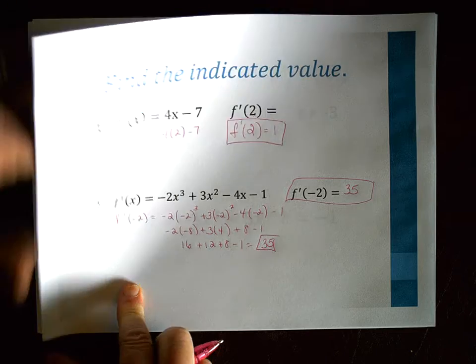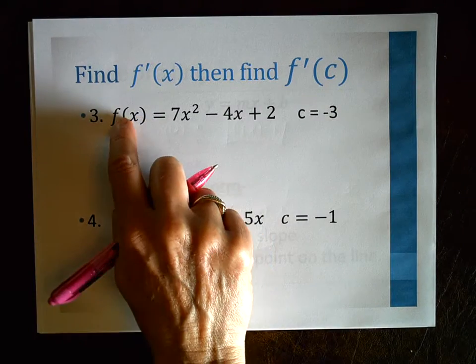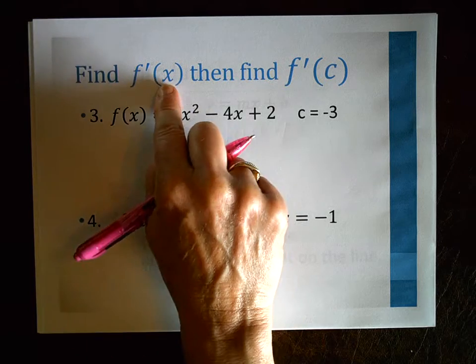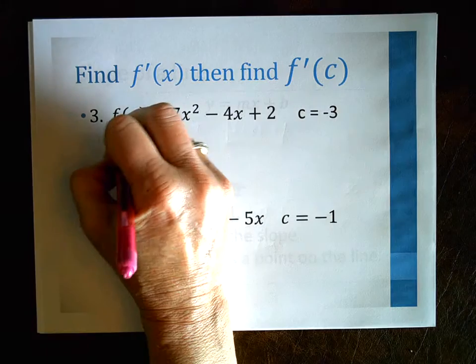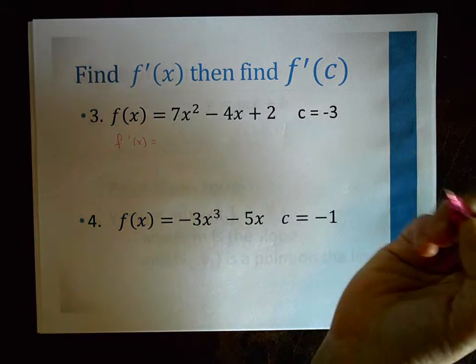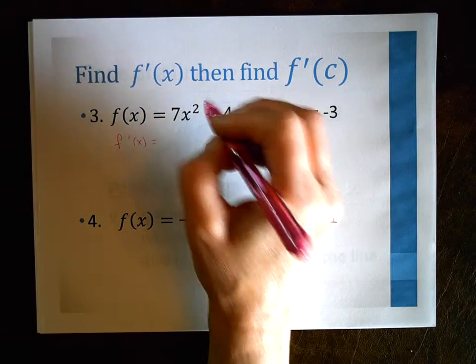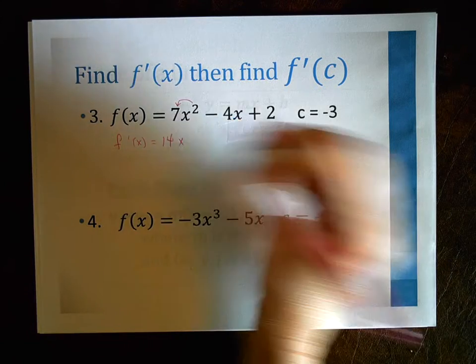Okay, so the next part, you notice these do not have the little prime in it, so it's not the derivative. So you have to find the derivative and then plug in the number. So first thing we're going to do is find the derivative. Remember that lovely power rule that we don't want to tell anyone until we've done 12.2? We're going to use that. Power rule means move that there. So that's 14, goes down by 1.